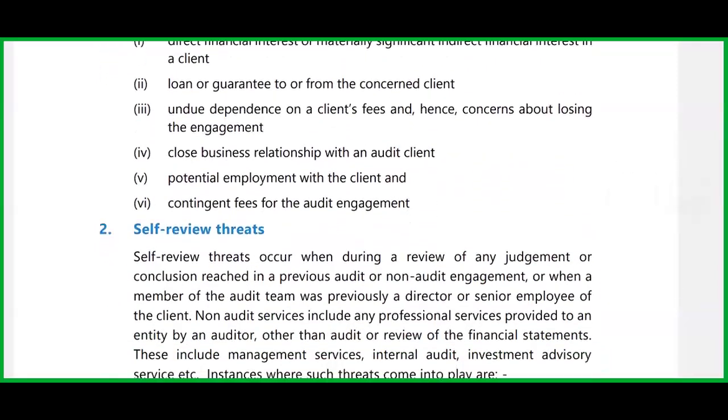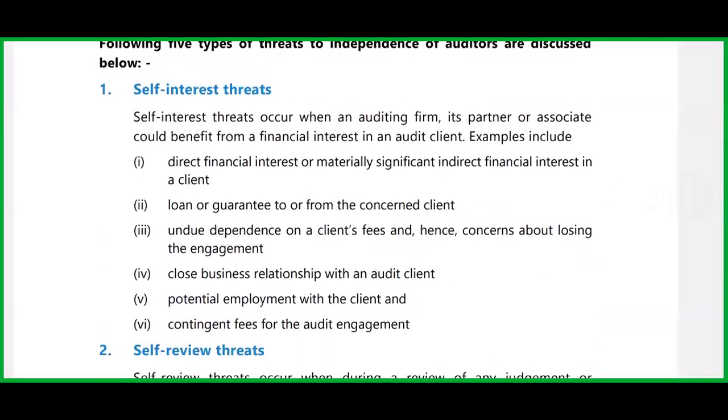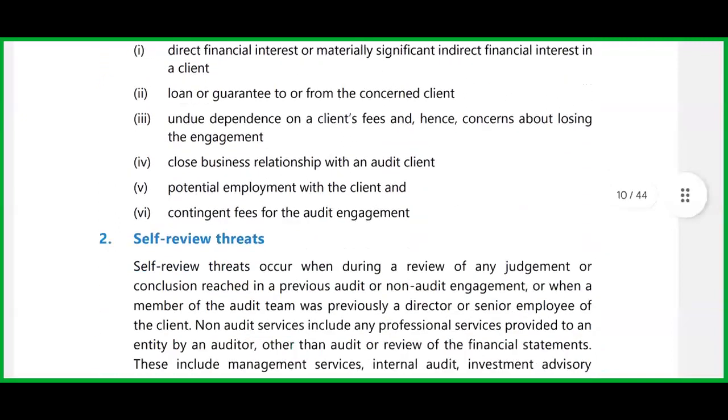Somewhere the auditor is related, relative, friend or associate. This comes under again self-interest threat. There is potential employment with the client and fees for the audit engagement. These are the examples where self-interest threat comes into picture and the auditor cannot be independent enough.